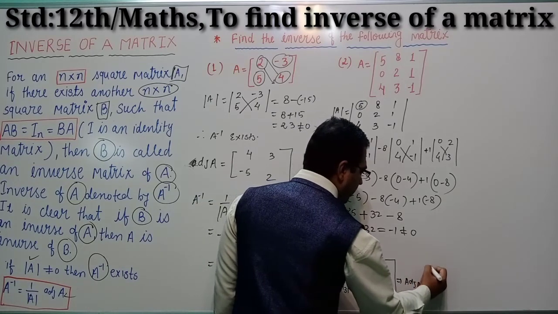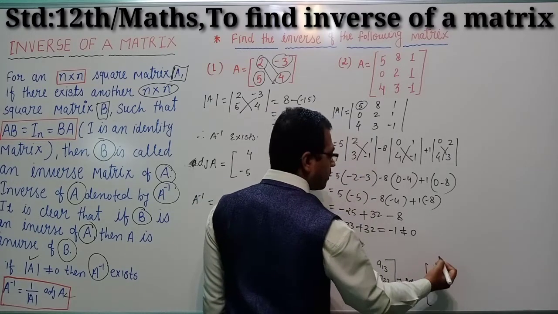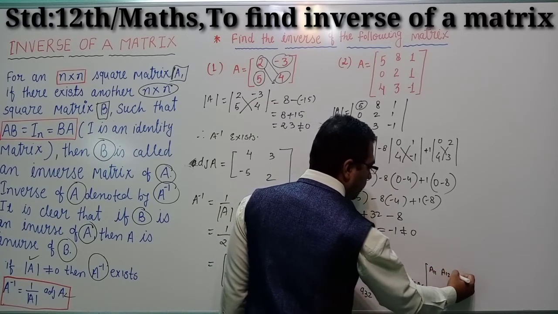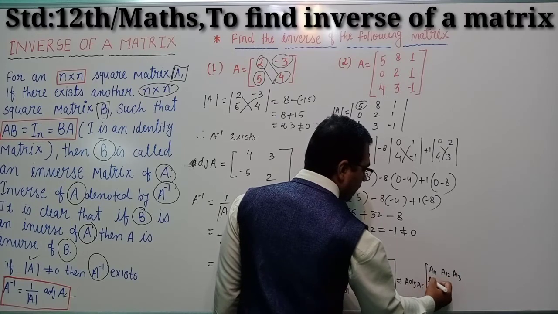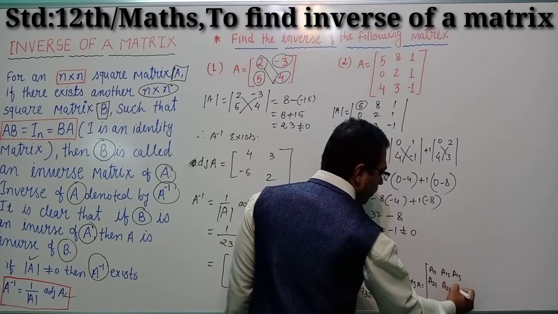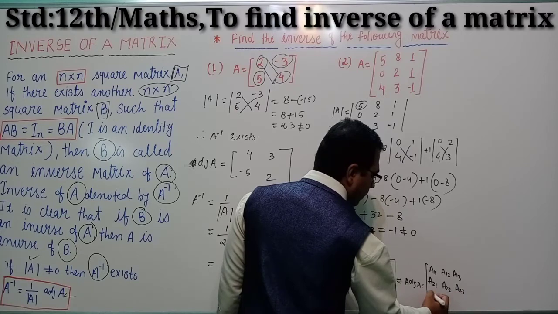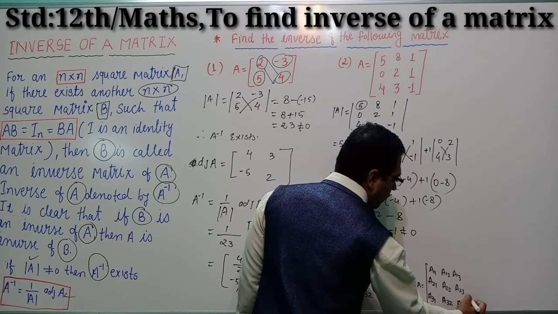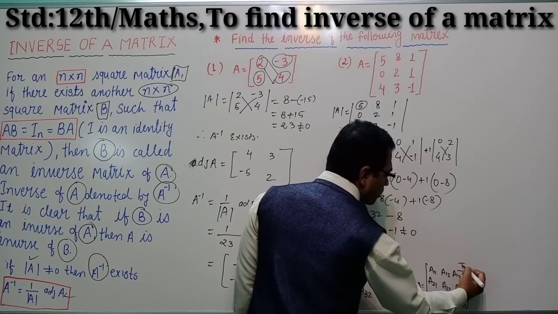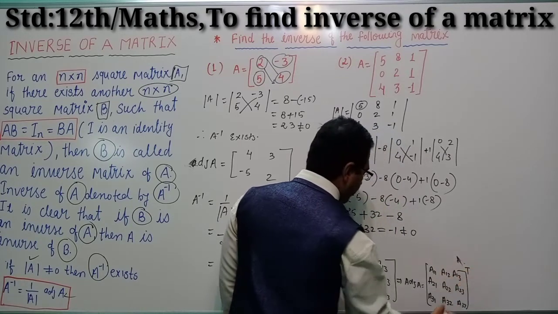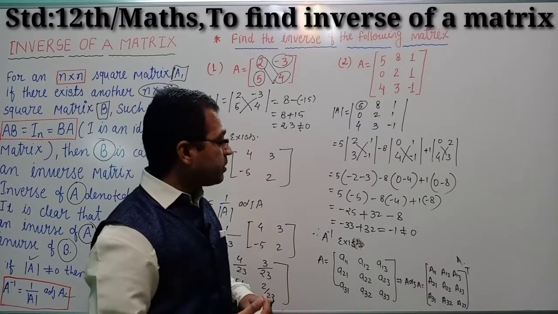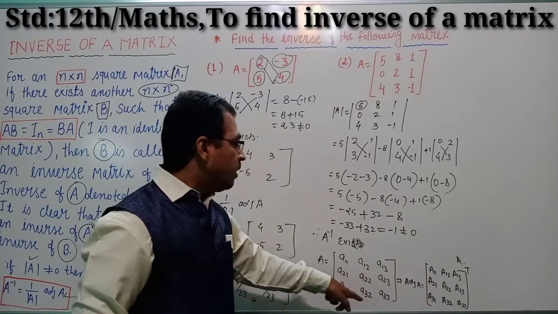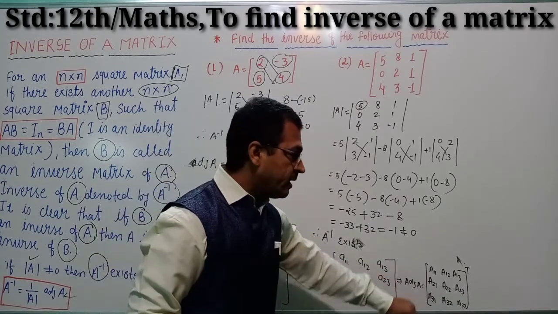The adjoint of A will be the transpose of the matrix of cofactors. By taking the transpose of this matrix, you can find the adjoint of matrix A. Okay students, let us find all these elements, then you can find the adjoint of matrix A.